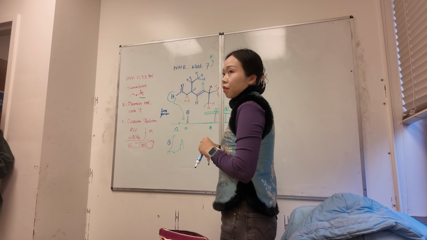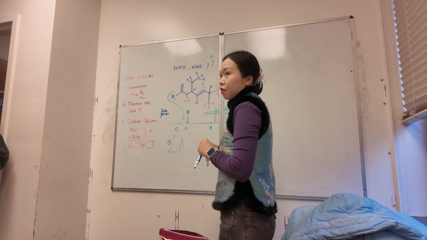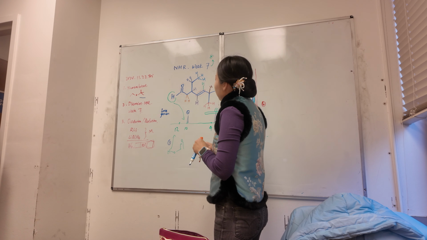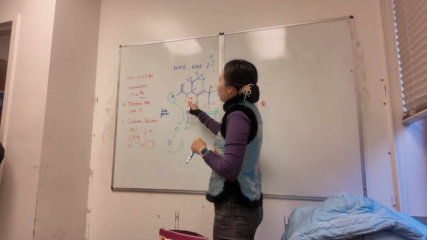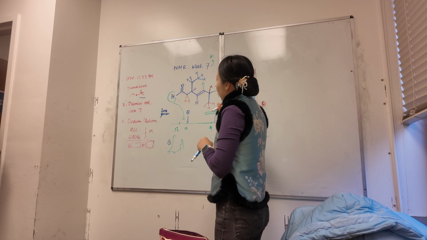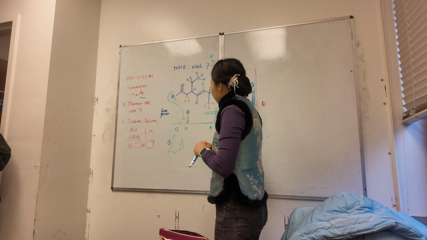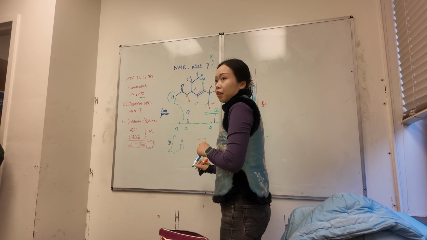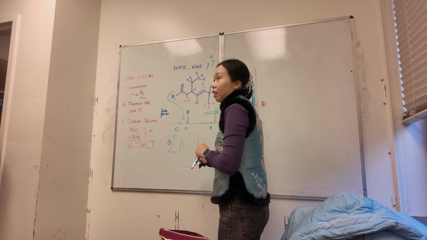I'm a bit confused on why it's so downfield if it's, or upfield if it's near an oxygen. Okay, so let's talk about the case with a proton, and your proton would treat like a magnet. That's how your TA taught, right?